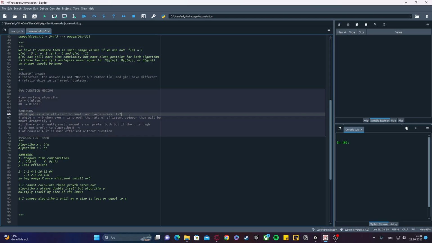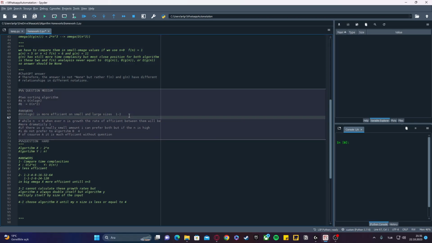If we compare them, let's imagine n equals 1, even here, it will be 1 over 2 equals 1. Yes, that's right. And 1 log n is almost the same, being 2.